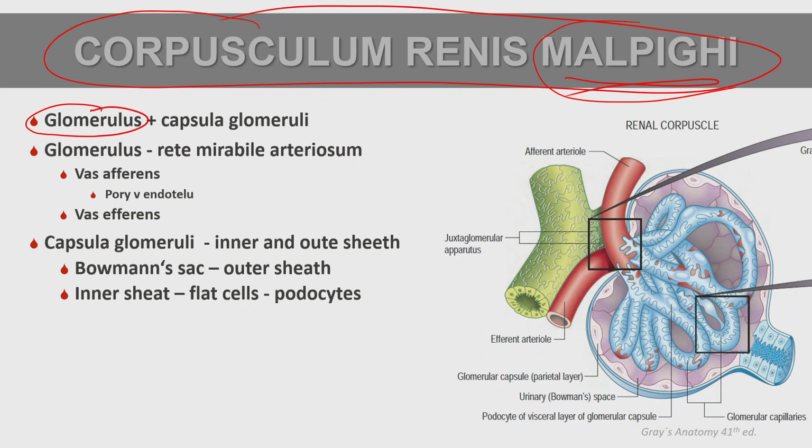It's a nodule of arterioles or capillary arterioles, and it has a capsula. The glomerulus is called rete mirabile arteriosum according to Malpighi, and it has pores in the endothelium. It has afferent and efferent arteriole.